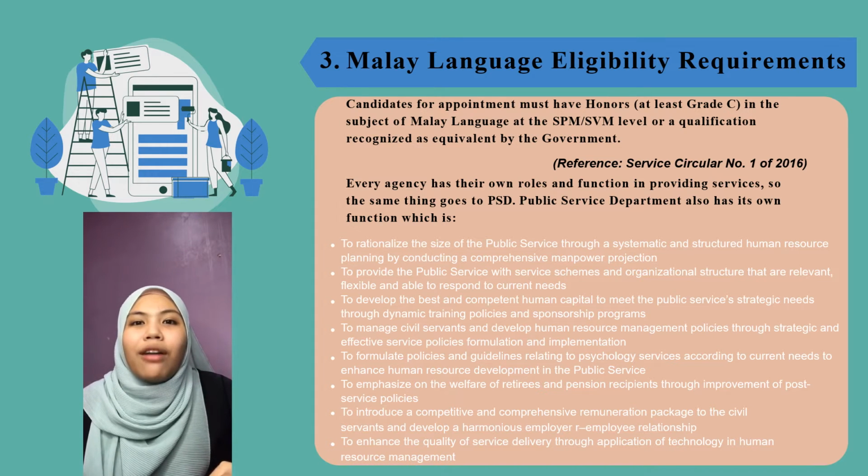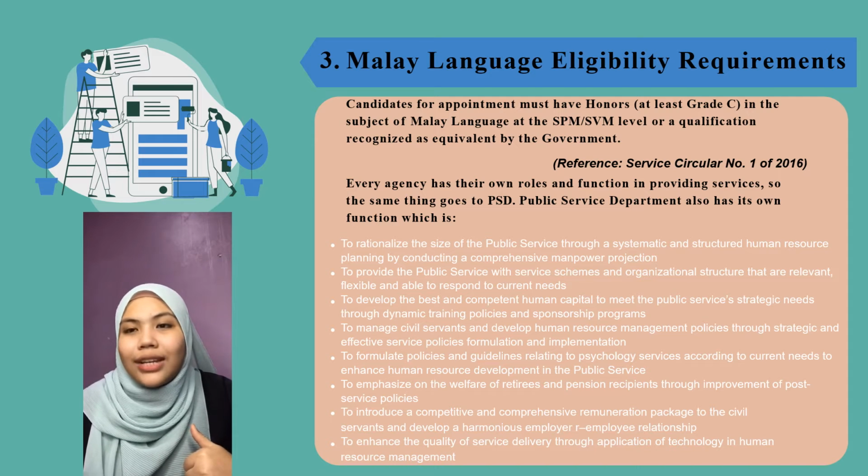The Department of Public Service has its own set of objectives. The first is to conduct a thorough manpower projection to rationalize the size of the public service through systematic and structured human resource planning.